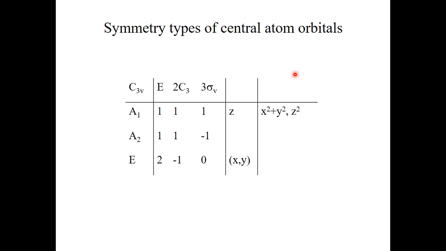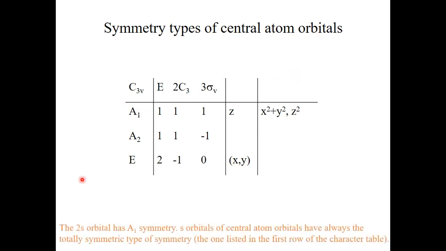Well, to determine this, we can simply look into the character table. So the 2s orbital has A1 symmetry, because s orbitals of central atoms always have the totally symmetric symmetry type. That's the one listed in the first row of the character table. So this is A1, all characters are +1. So now what about the 2pz and the 2px and the 2py?